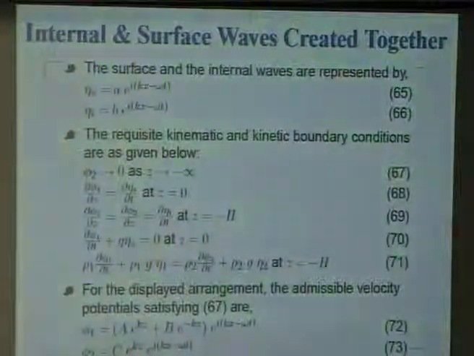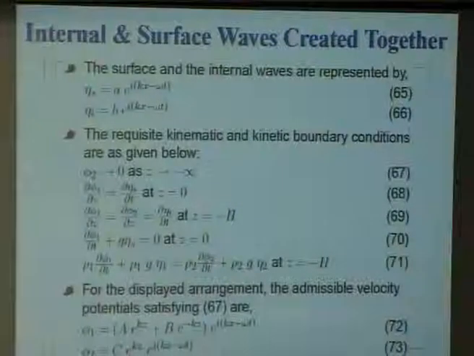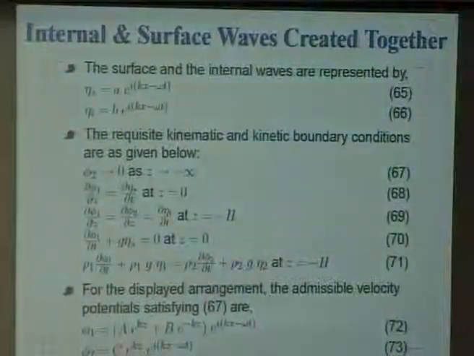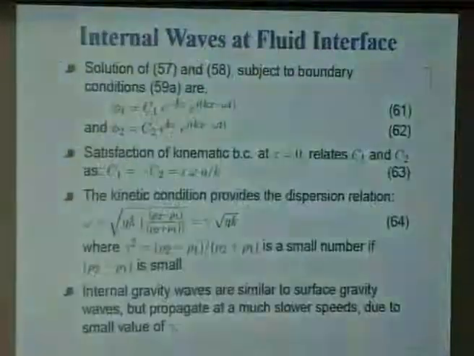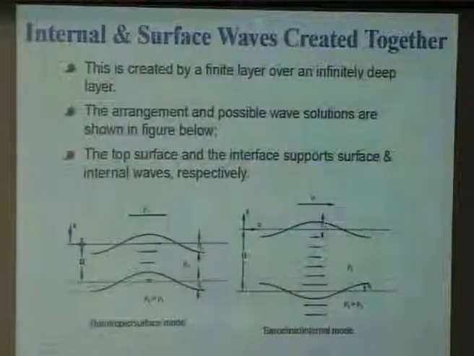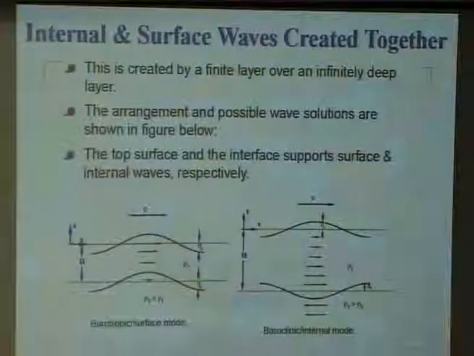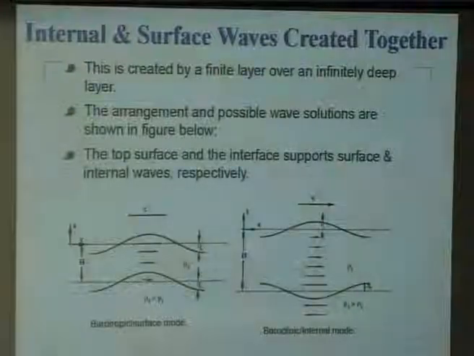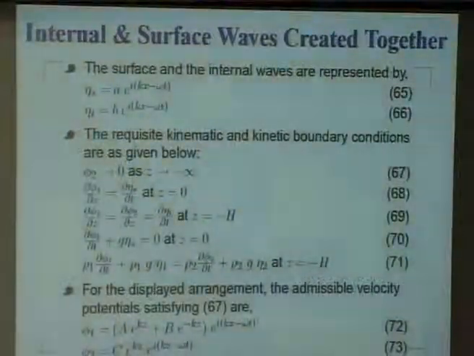Okay. So, for the displaced arrangement that we have seen, the velocity potential must have this form. Phi 1 is bounded, between 0 and minus h, right. So, phi 1 corresponds to this phase, it goes from z equal to 0 to z equal to minus h. That is why the phi 1 solution should have both the exponentials.